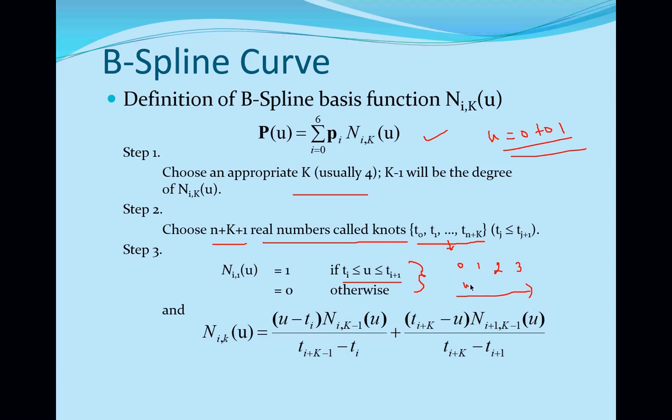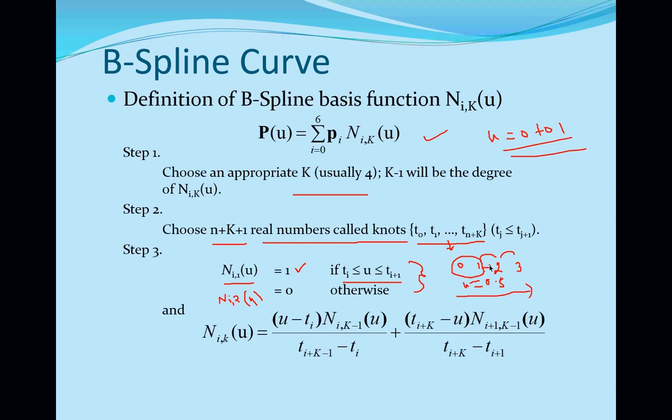So when u is 0.5, it means that u lies between this, and this is the first interval, therefore its value will be 1. But the other intervals, which lie between these, will be 0, and the one which lies between this is also 0.